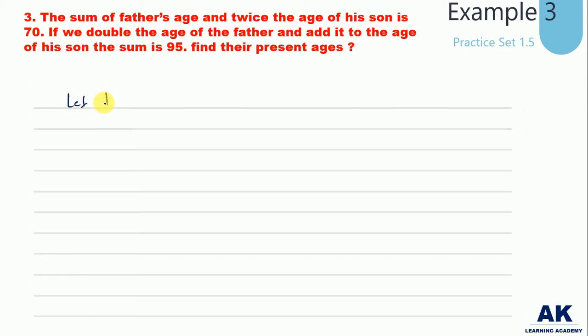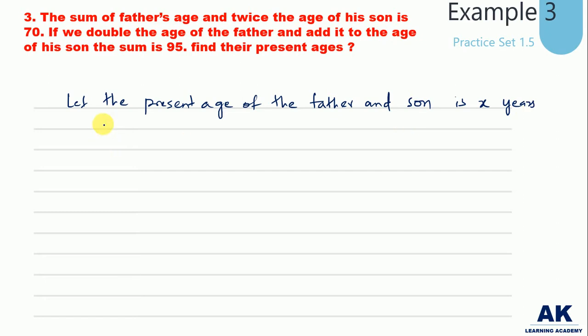Let the present age of the father and son be X years and Y years respectively.